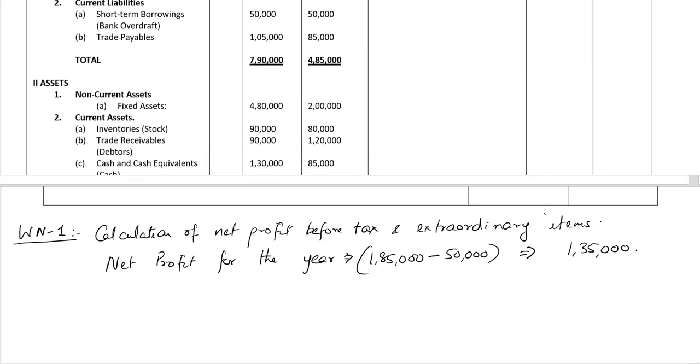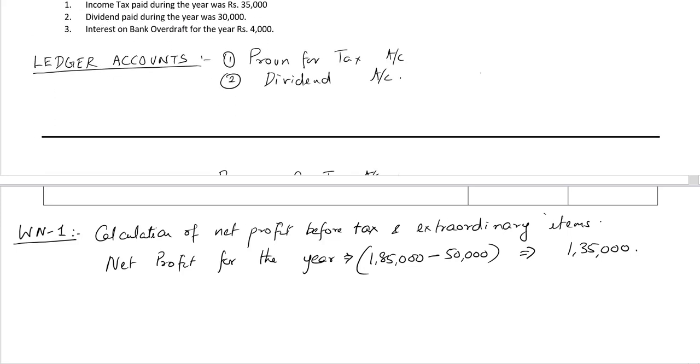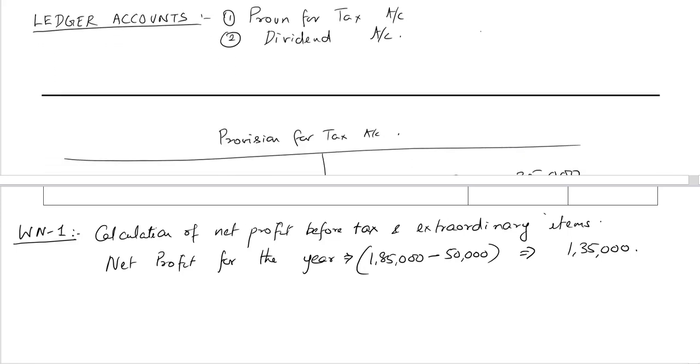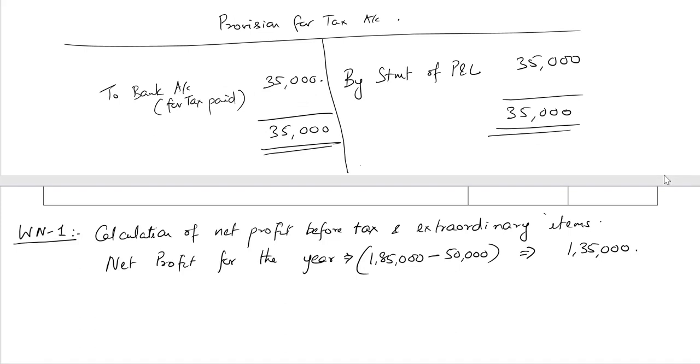Let's check out the provision for tax as well as the provision for the dividend. Now in our provision for tax account, we have by statement of P&L, provision made for the income tax. We need to add this amount. Add provision for tax, 35,000 rupees.